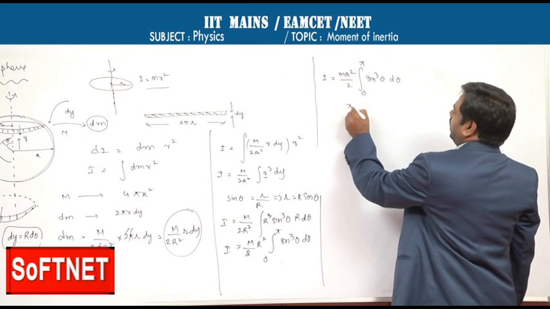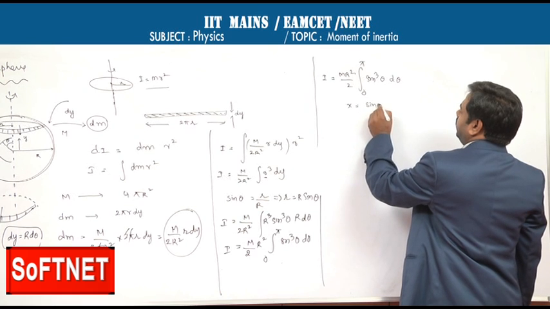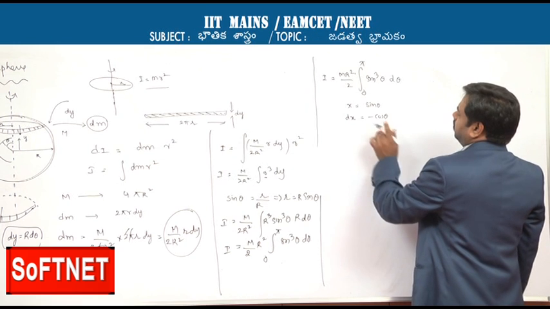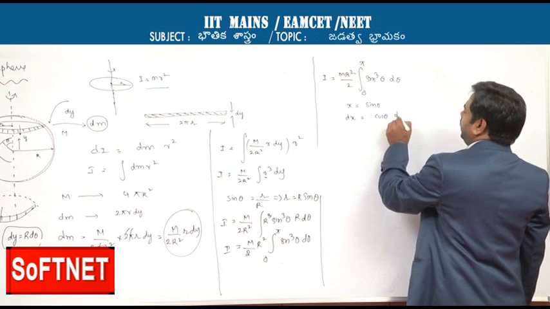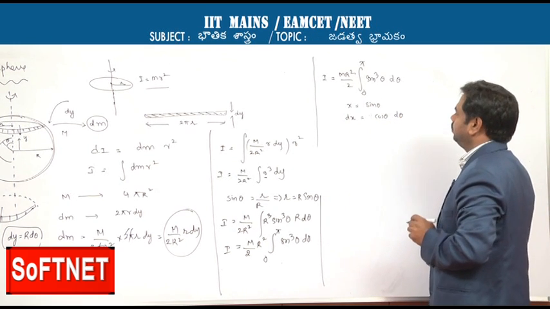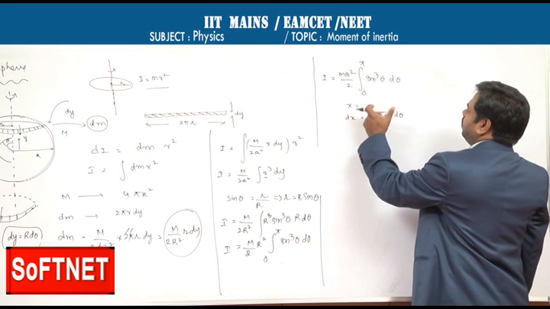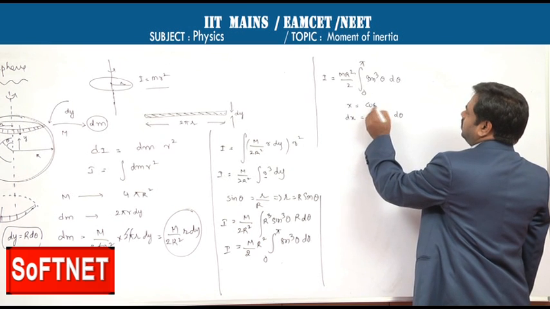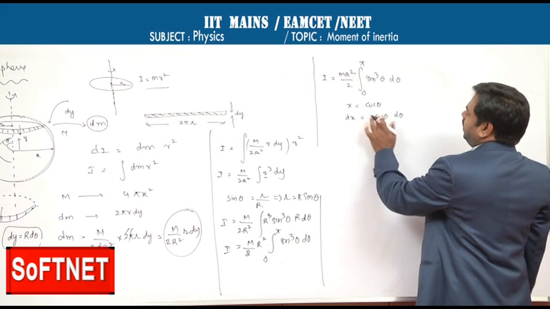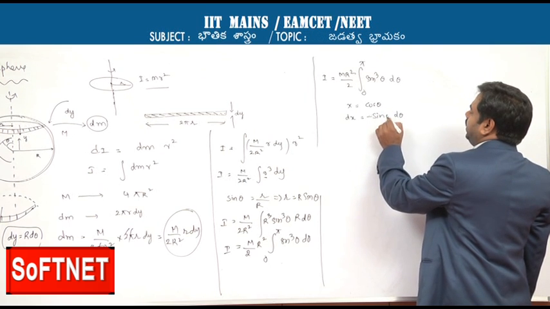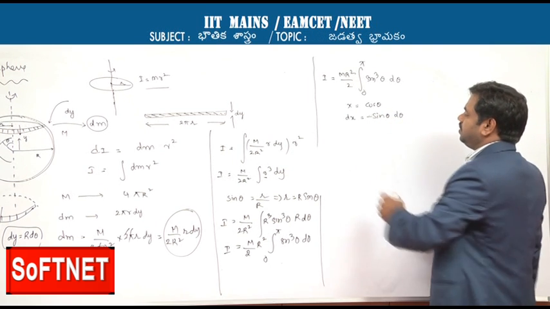Now consider x is equal to sin theta, then dx is equal to cos theta d theta. Or for the sake of easiness consider x is equal to cos theta, then dx is equal to minus sin theta d theta. Now substitute that value in this equation.